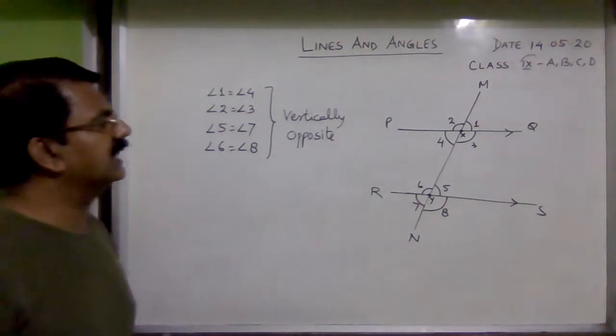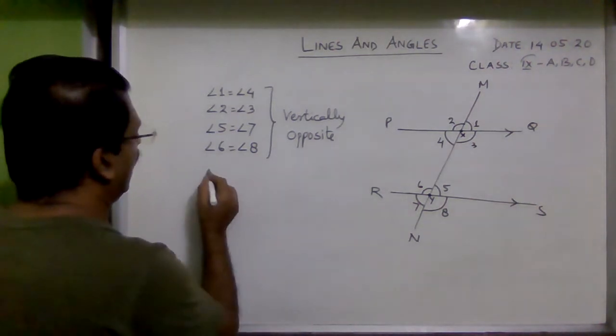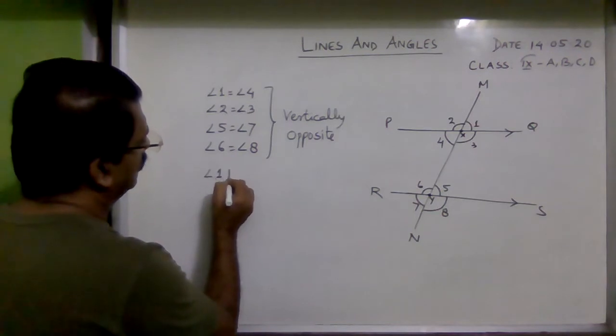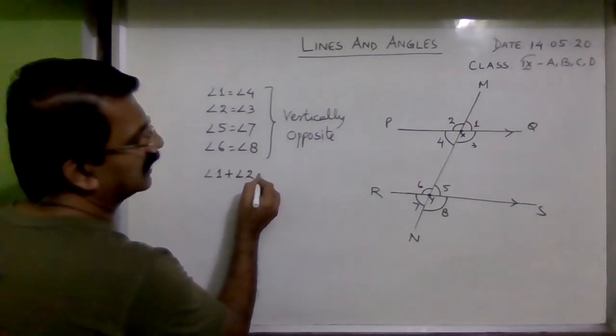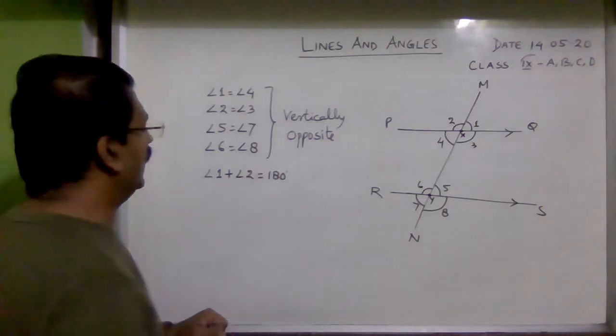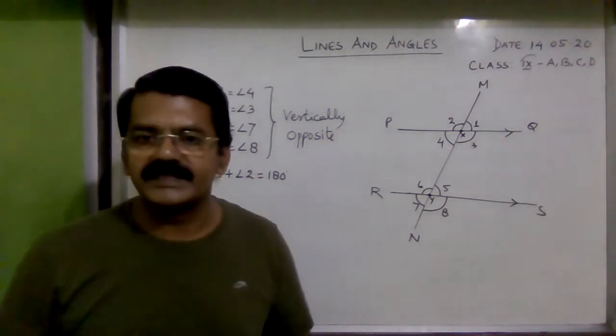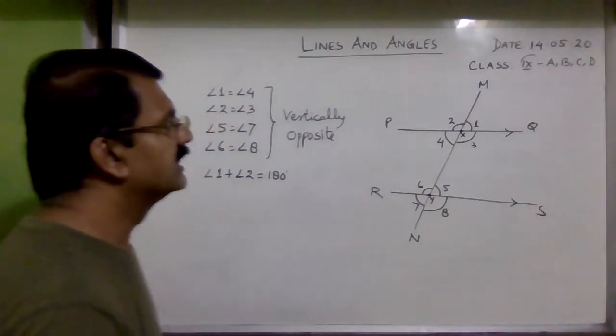Okay, these angles are equal because they are vertically opposite. Now angle 1 plus angle 2 is equal to 180. Why is angle 1 plus angle 2 equal to 180? Correct, because they are forming a linear pair.